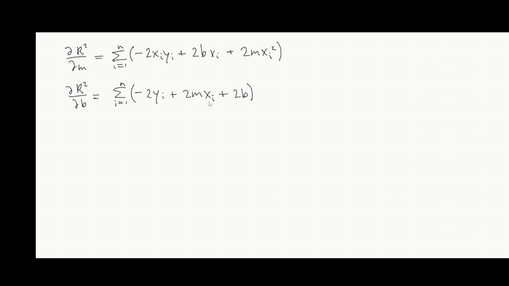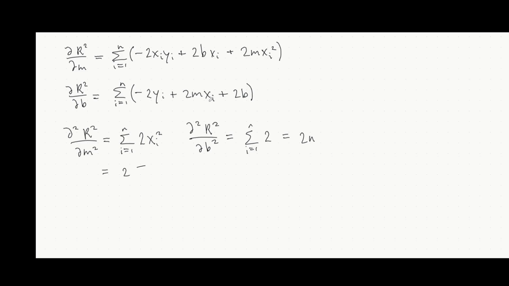So grabbing those first derivatives again, we need to solve for our second order partials. The second derivative with respect to m is just 2 sum of xi squared, and the second derivative with respect to b is just the sum of 2, which is 2n.